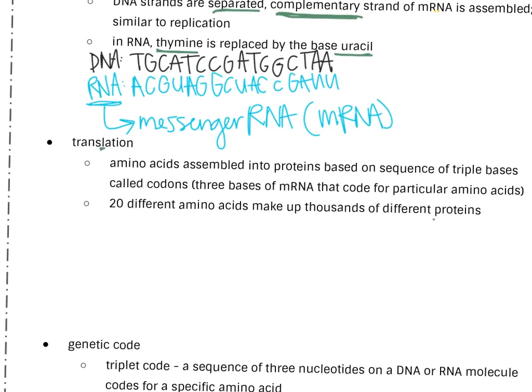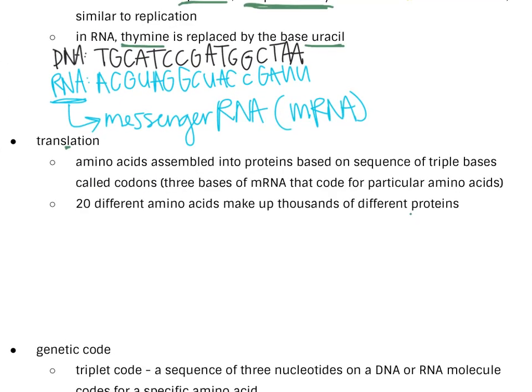So translation is next. And translation is the amino acids. So remember the monomer for proteins. The amino acids are assembled into proteins based on a sequence of triple bases called codons. And codons are 3 bases of mRNA that code for a particular amino acid.